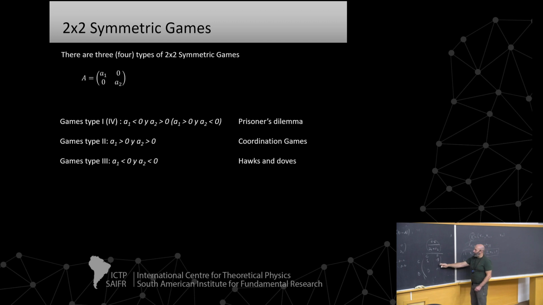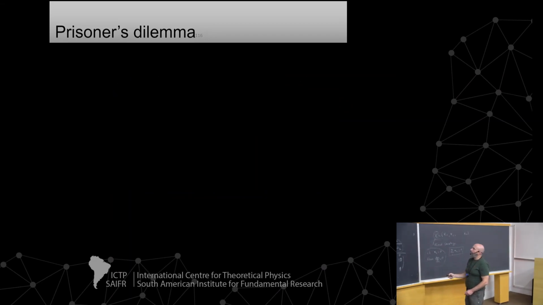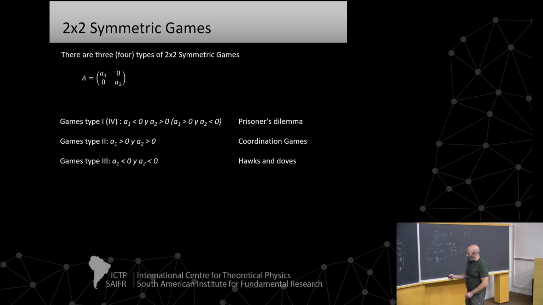So this is more or less the shape of the prisoner's dilemma, and in this case we can see that, for example, if I write 0 and -4, and I write 0 and 1, what I have here is one of them is positive and the other one is negative. So the prisoner's dilemma falls within this group, okay?